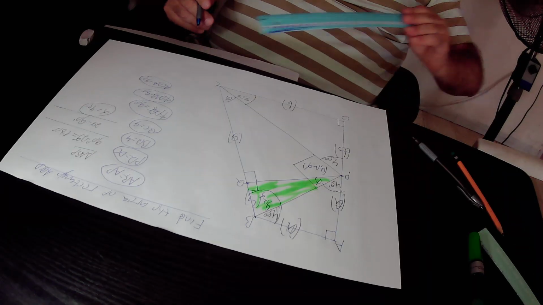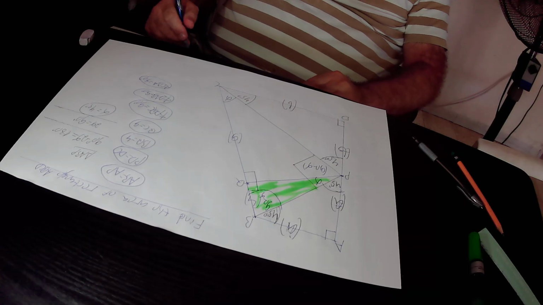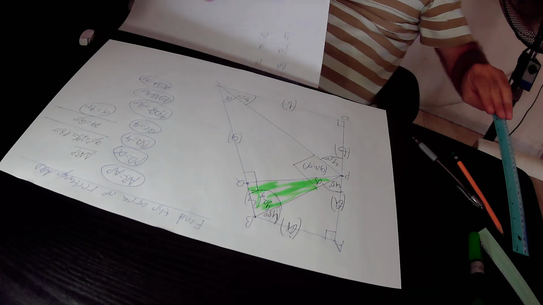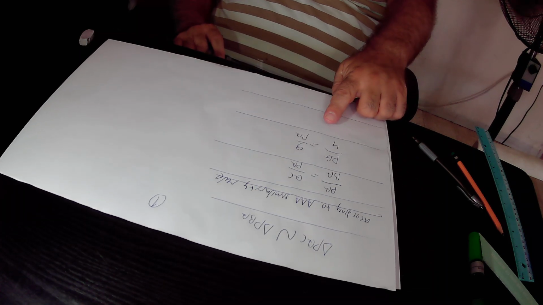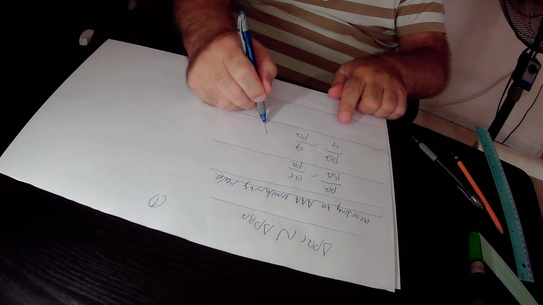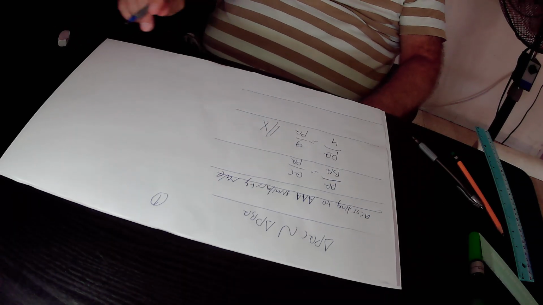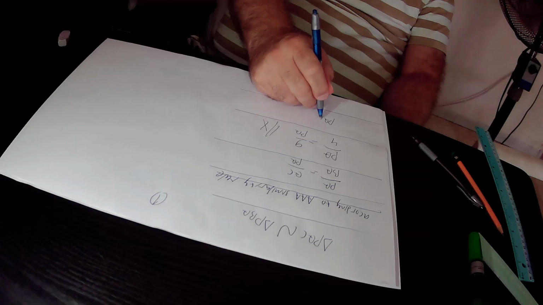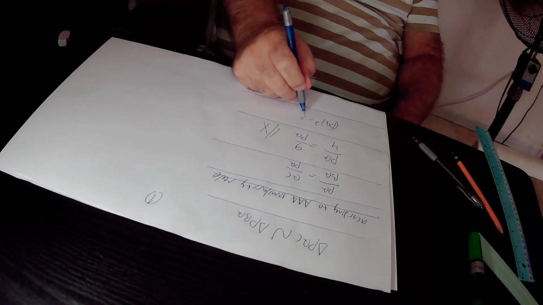So in total, you find that PQ over 4 equals 9 over PQ. Here we will cross multiply this equation and we get that PQ times PQ is PQ squared, and it is equal to 9 times 4, that is 36.